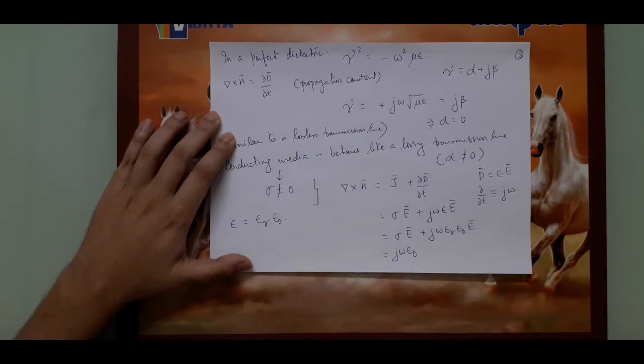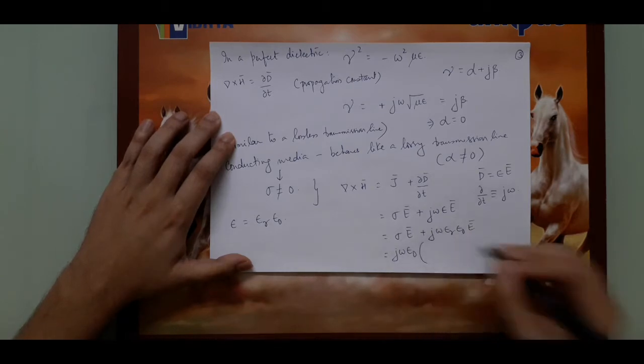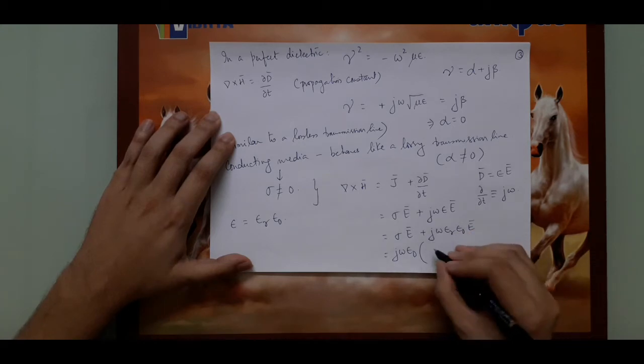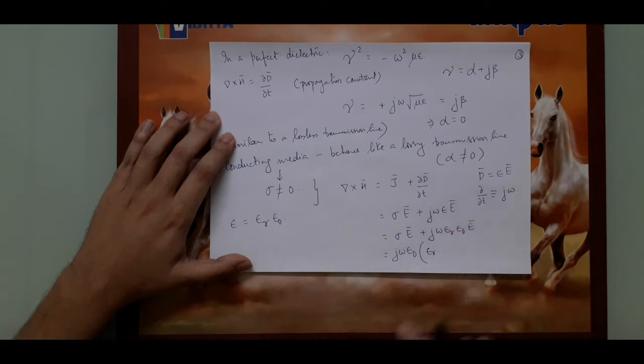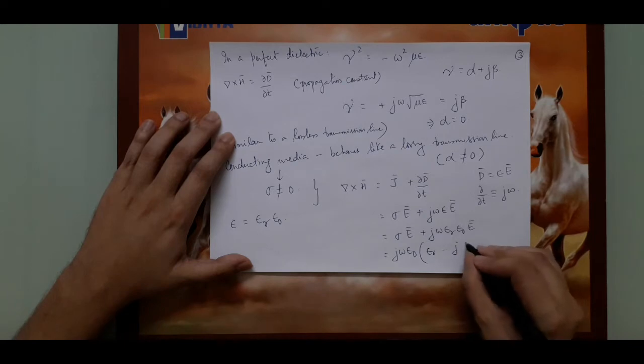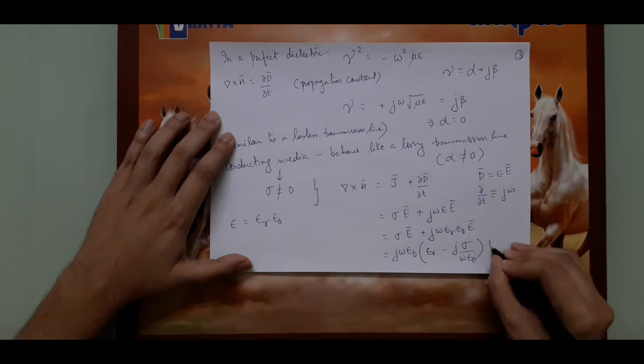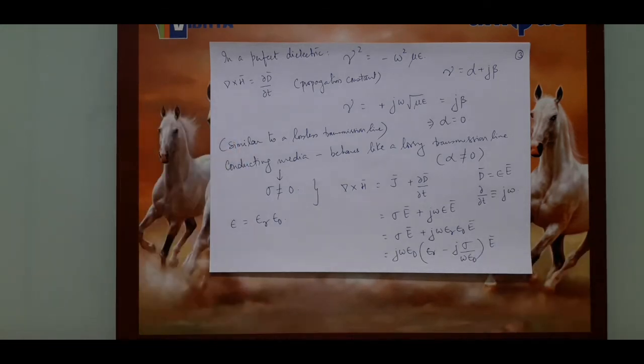If we take this from here, we will get epsilon r, the second term I am writing first, and when you divide j omega epsilon 0 into the first term, it becomes a negative term as the j goes to the numerator, sigma divided by omega epsilon naught times the field vector.